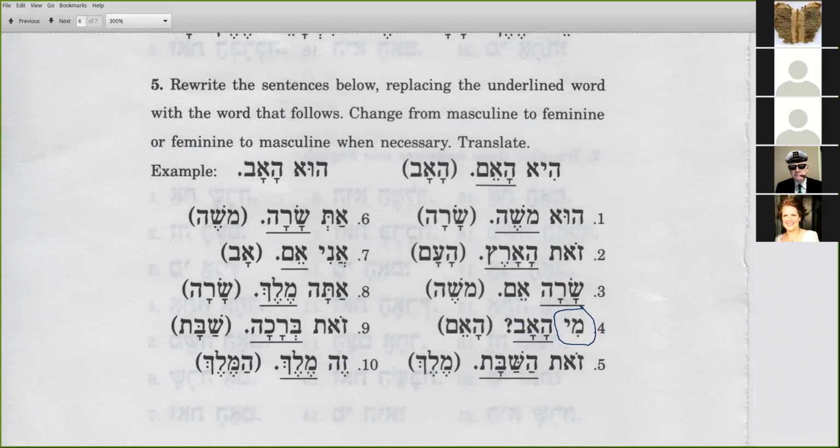Question. Excuse me. So is "who" considered a feminine pronoun or just neutral? "Hu" is masculine. Oh, this right here. That's what you're talking about. "Mi," which means who. I was actually talking about "mi." That's what I meant. Sorry.